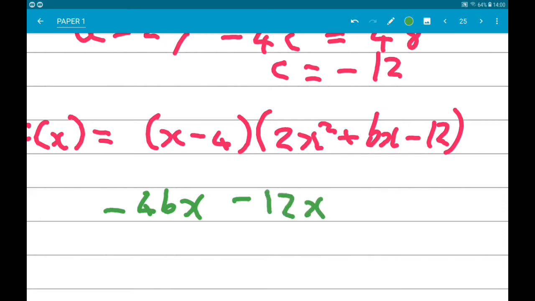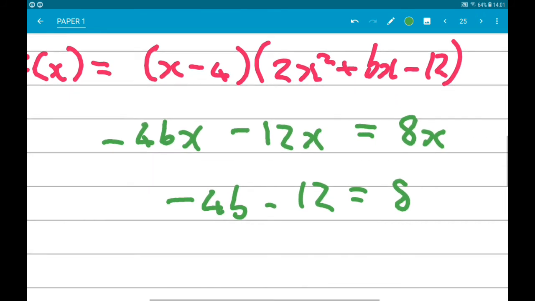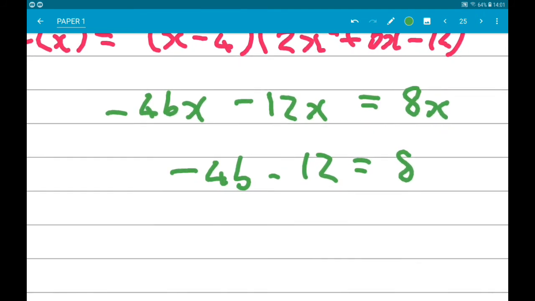Now, in the function, the x term is 8x. So, dividing through by x, we get minus 4b minus 12 is equal to 8. So we get minus 4b is 20, so b is minus 5.